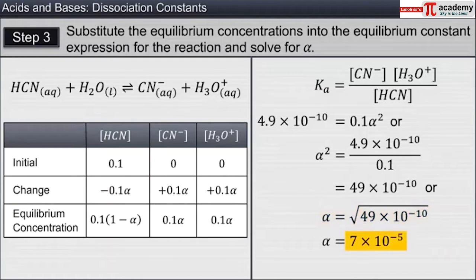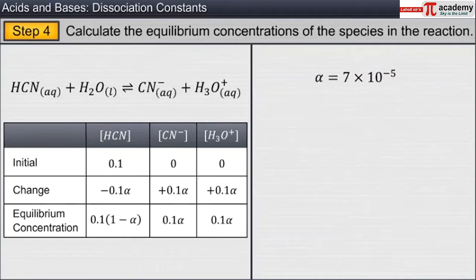This is equal to 7 multiplied by 10 raised to the power minus 5. Thus, the degree of dissociation of decimolar hydrocyanic acid is equal to 7 multiplied by 10 raised to the power minus 5.